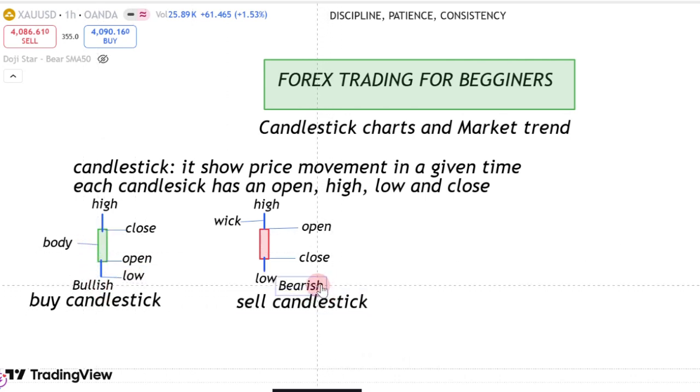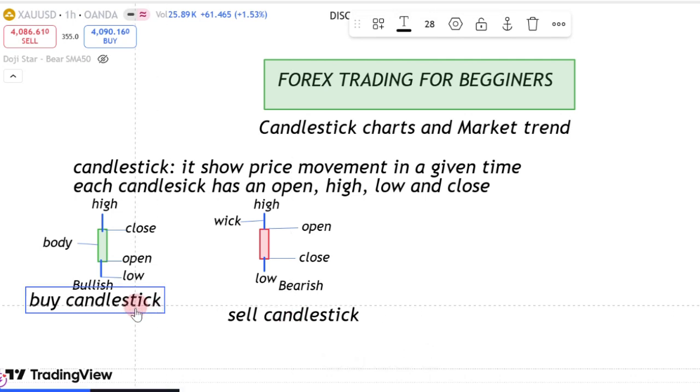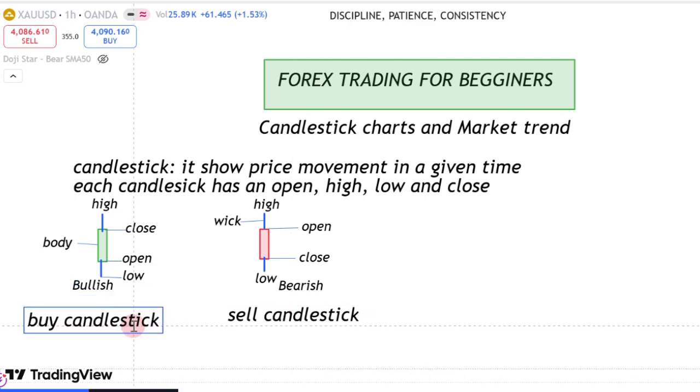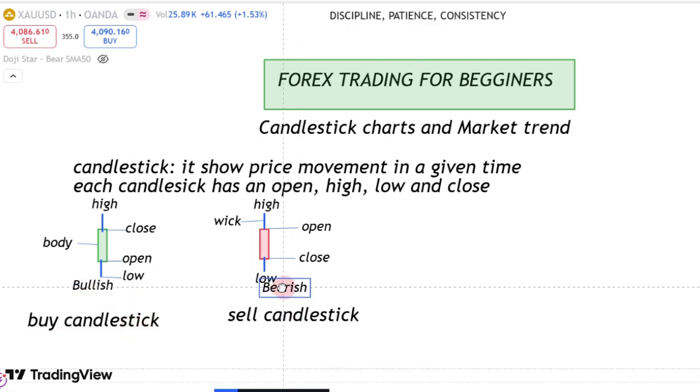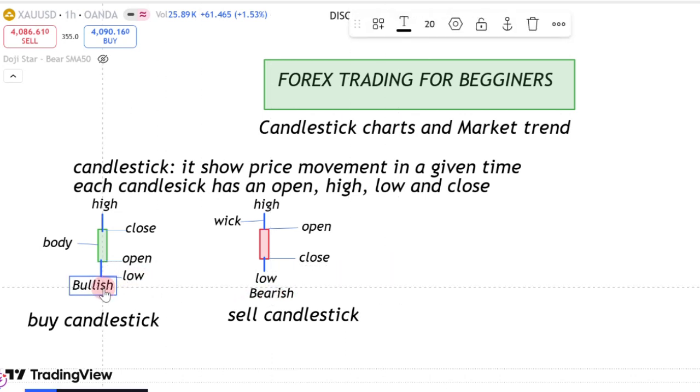When it is coming down, we call it bearish. So kindly take note of this for me. Bullish and bearish. So this is how it is.